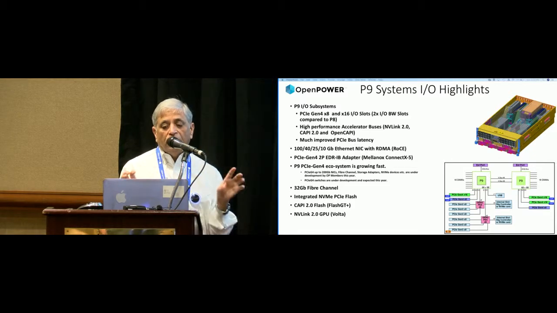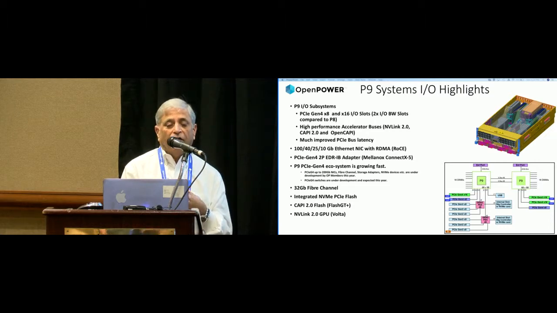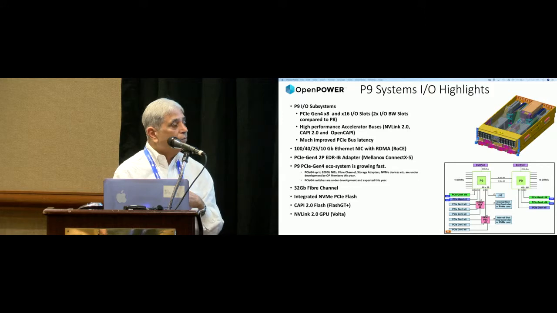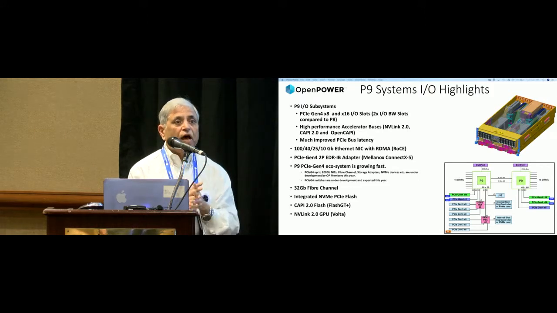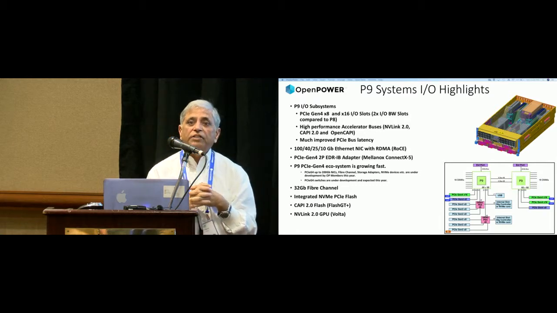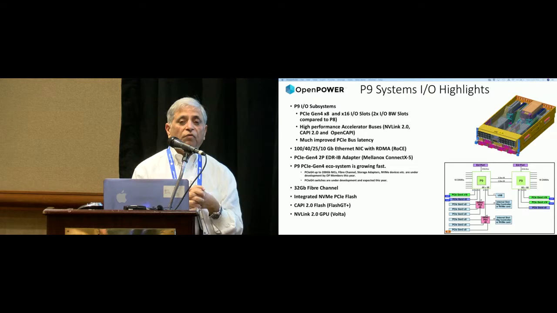If you need expandability, we have a switch, and you can see in the picture on the right bottom, so we can get more slots. Current systems have a PCI Gen 3 switch, but we will have PCI Gen 4 switches later on.